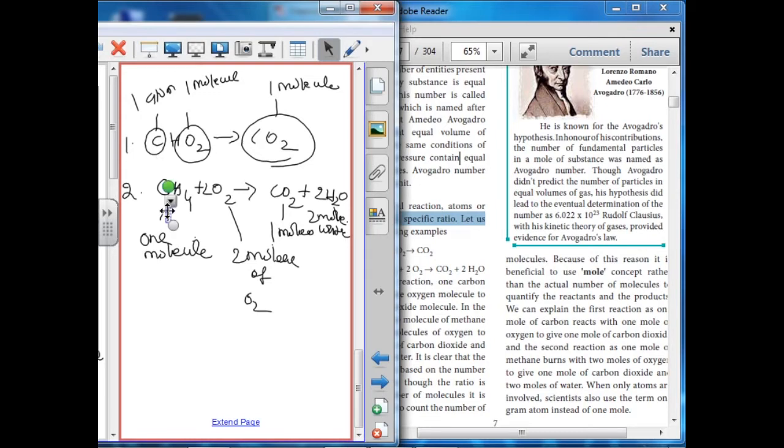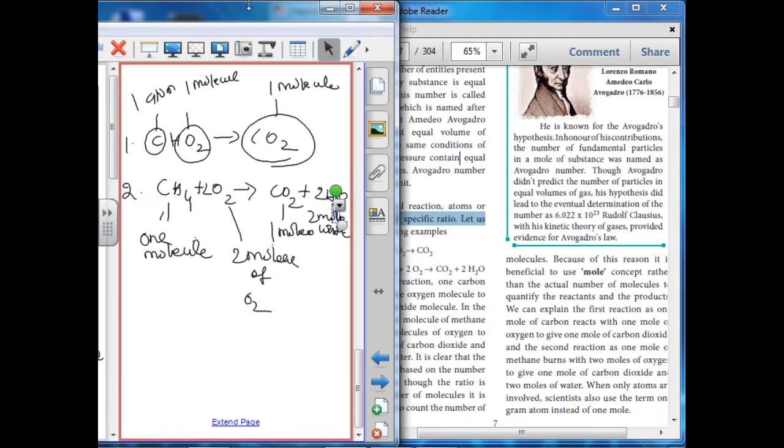In the second reaction, one molecule of methane bonds with two molecules of oxygen to give one molecule of carbon dioxide and two molecules of water. It is clear that the ratio of the reactants is based on the number of molecules.